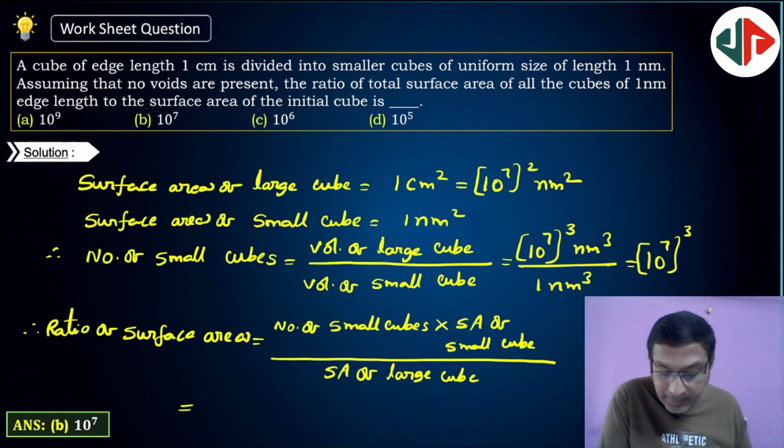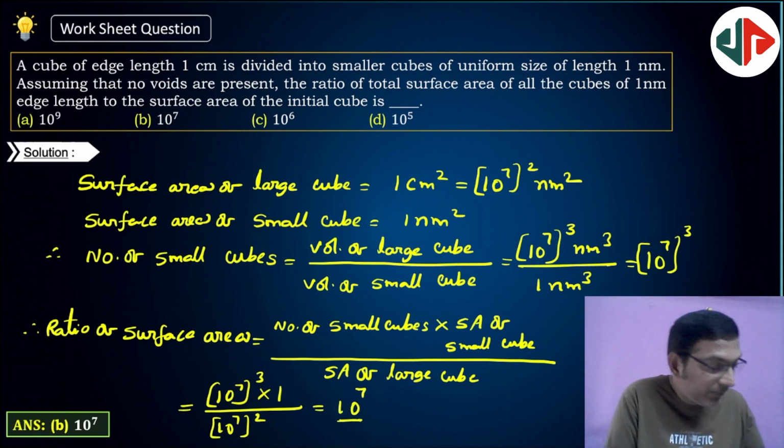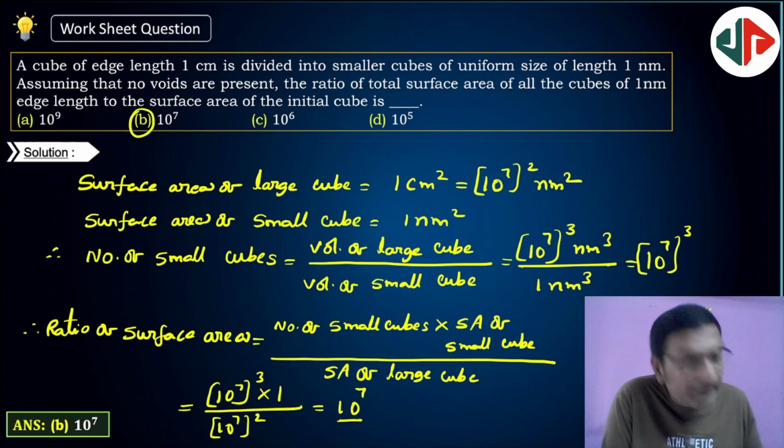So which is equal to 10 power 7 cube into surface area of small cube 1 divided by 10 power 7 square. So which is equal to 10 power 7 is the ratio. So option B. Very, very important question.